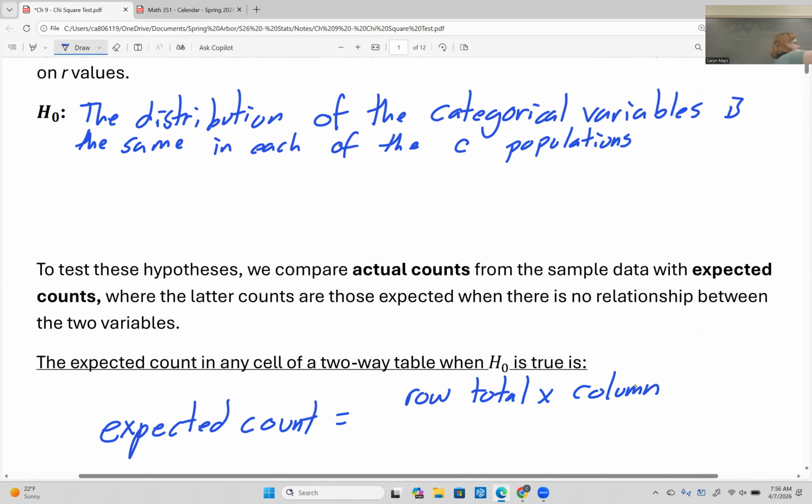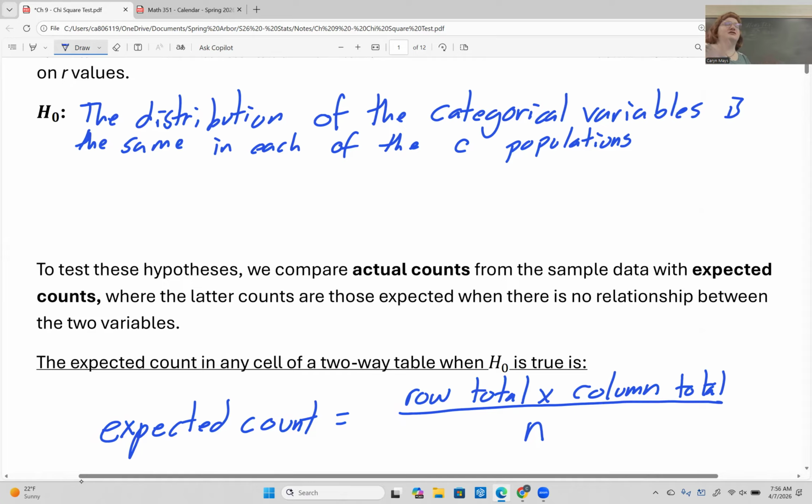So in this example, if I want to know the expected count of first class passengers who survived, I would take all my first class passengers total times everyone who survived total, and divide that by how many people we're looking at. So expected count equals row total times column total divided by n.